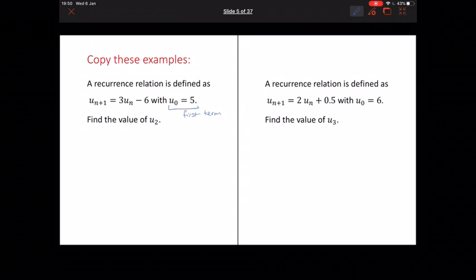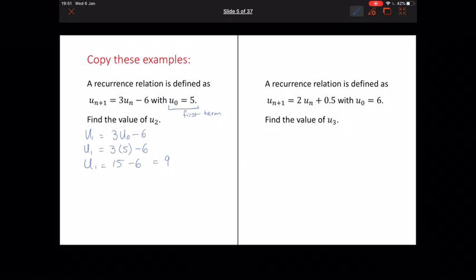First, we're going to work out u1. u1 will be equal to 3 times the previous term, so 3 times u0, take away 6. So 3 times 5 is 15, take away 6, gives us 9. That's the value of u1.